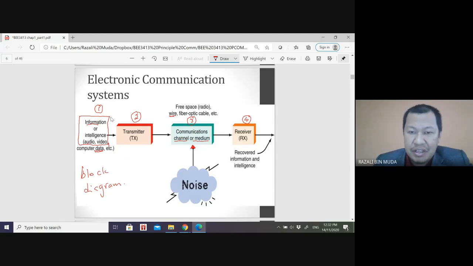Sometimes it degrades it, like audio. The audio will become interfered with or noisy. So the information can become corrupt or interrupted. So it might happen that at the end, at the receiver, you cannot get the information because of the noise. Okay, next.